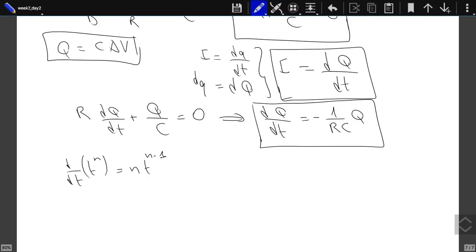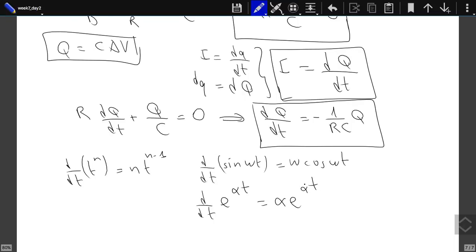Well, you know trigonometric functions. d by dt of sine of, let's say, omega t is equal to omega times cosine omega t. Again, it's not satisfied. What other functions are you familiar with? A to the power alpha t. This is equal to alpha times e to the power alpha t. Now that's the function we are looking for.